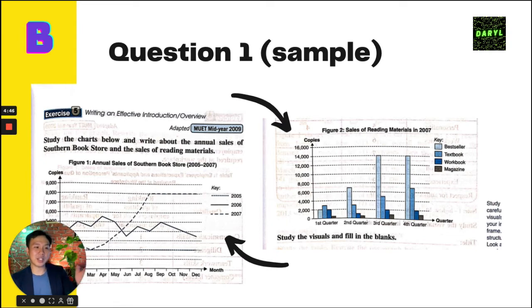First, as you can see in the line graph over here, there's a plateau, that means flat, there's going up, and there's going down. These are the things that you should comment on and write in your report, and relate them to the second figure, figure 2, sales of reading materials in 2007.